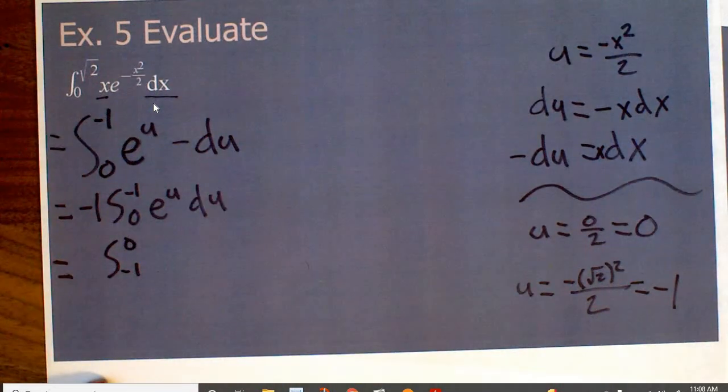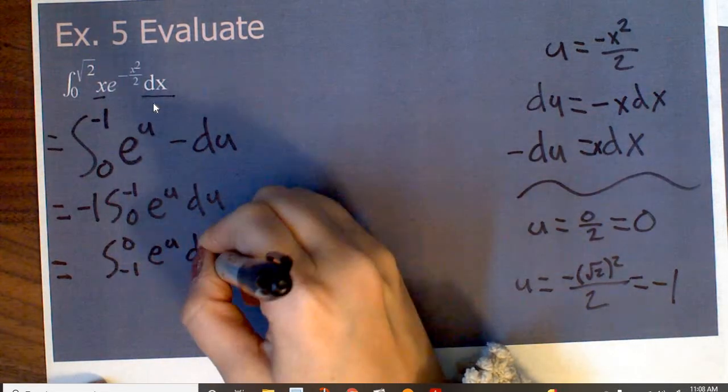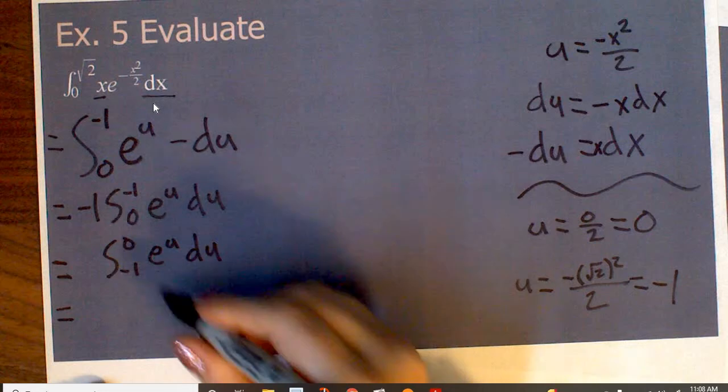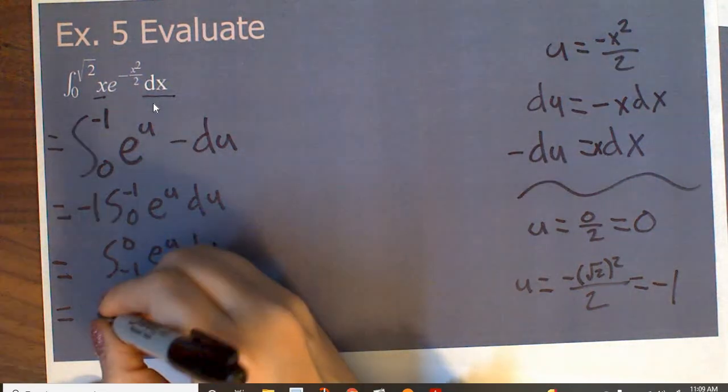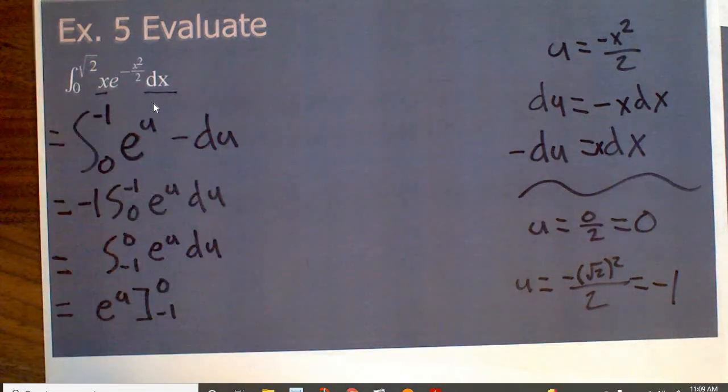Well, since I already have a negative there, a negative times a negative gives me a positive. So then we just have e to the u du. Taking my integral, the antiderivative of e to the u is still just e to the u, and we're plugging in negative 1 to 0.